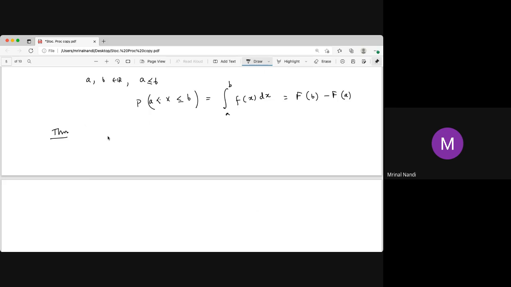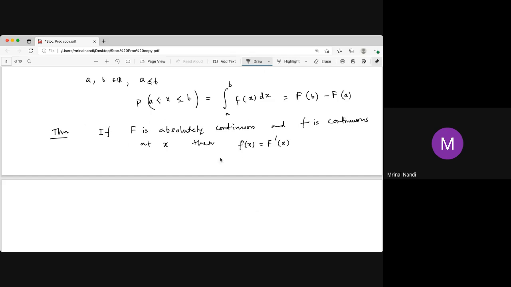You say that if F is absolutely continuous, that means such a small f exists, and f is continuous at x, then that small f is nothing but the derivative of capital F at that point of continuity.